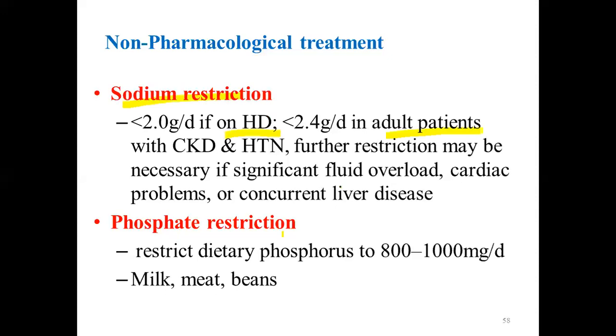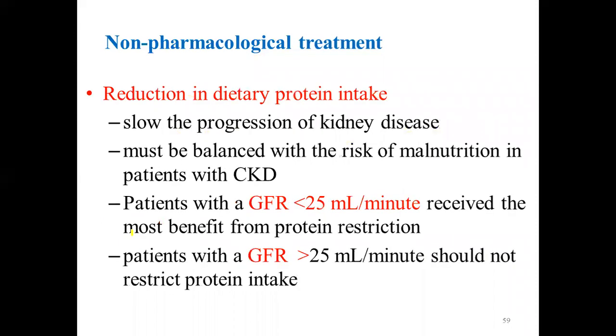Then why do we need to restrict phosphate? Because the patient is having high phosphate level, so we need to restrict phosphate, especially protein-rich diets such as milk, meat, beans. They are a good source of phosphate. So in general, phosphate restriction is commonly recommended.